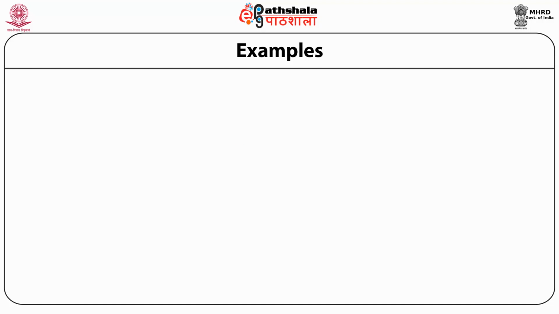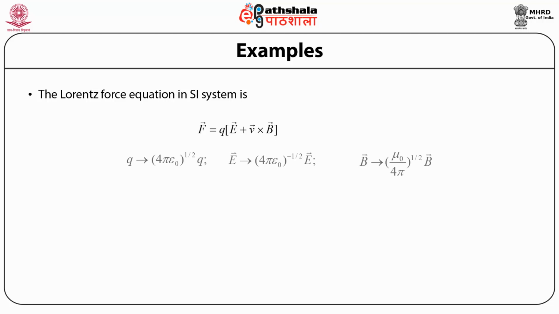Let us see some examples. First, the Lorentz force equation in SI system is F vector equals Q into E vector plus Q into V vector cross B vector. So to obtain the equation in Gaussian system, replace Q by 4 pi epsilon naught raised to power half Q, E vector by 4 pi epsilon naught raised to power minus half E vector, and B by mu naught by 4 pi whole raised to power half into B vector.